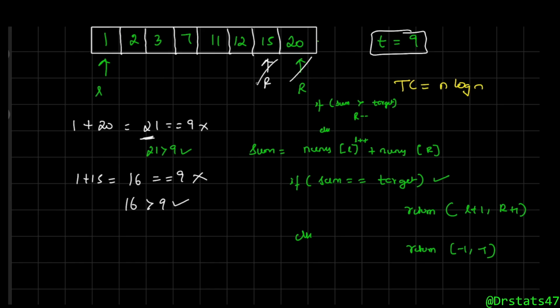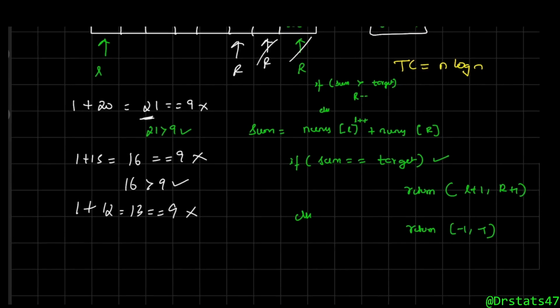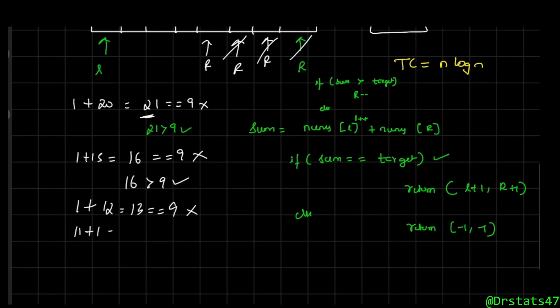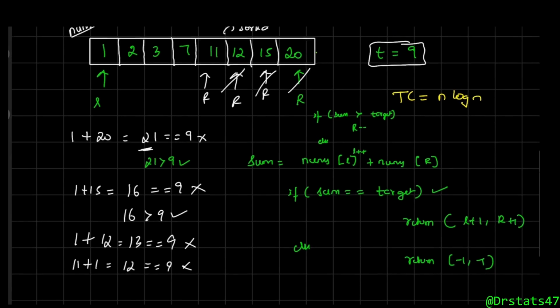Yes, shrink right. Again 1 plus 12 is equal to 13, is that equal to 9? No, shrink the right. 11 plus 1 is equal to 12. 9? No, shrink the right.